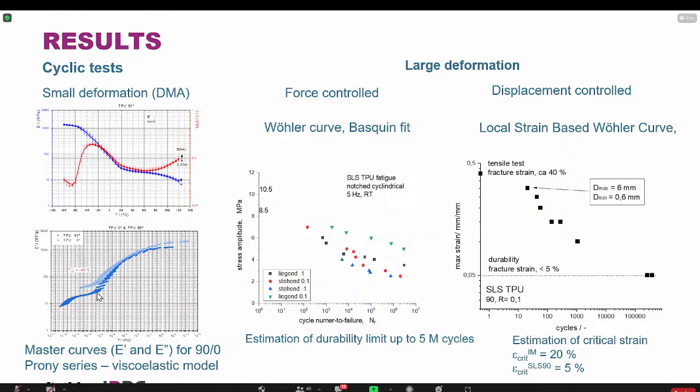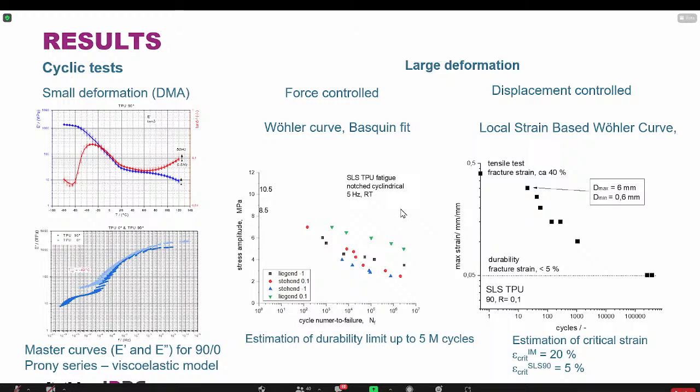Then these dynamic mechanical analysis curves are summarized in classical polymer master curves for both orientations, for 0 and 90, and then we determined Prony series for the viscoelastic model. Hence, we have models for anisotropic viscoelasticity for the further simulations.